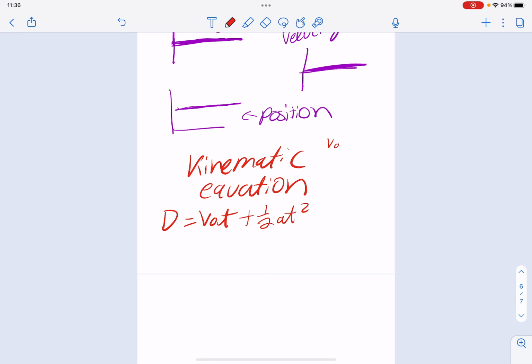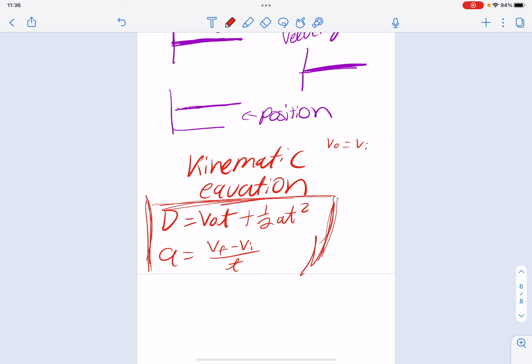V naught is equal to v initial; you'll see me swap them back and forth. And then acceleration is equal to v final minus v initial over time. So these are going to be the two main equations that are going to help you throughout this entire school year.